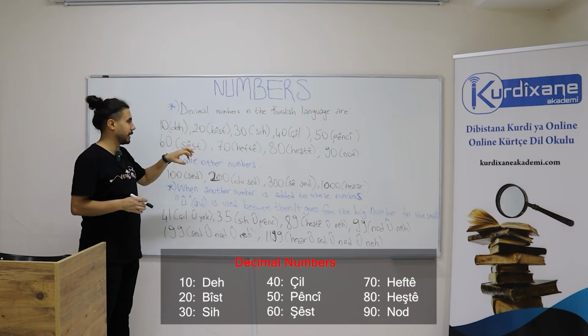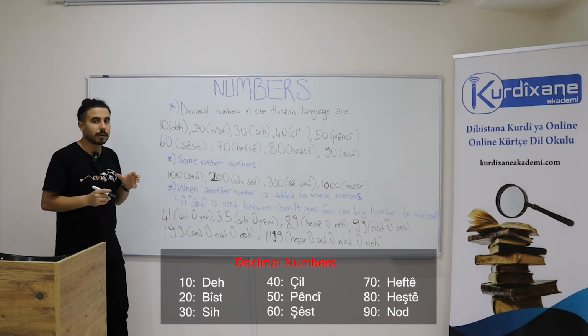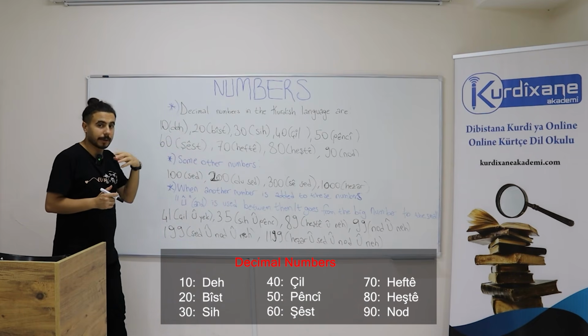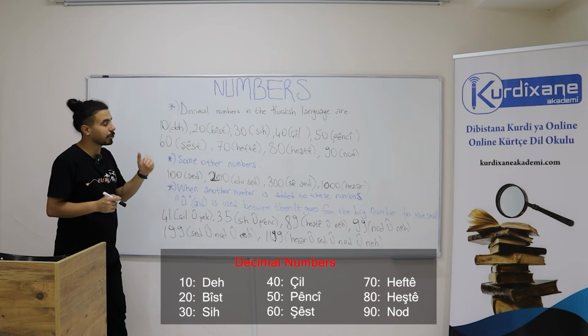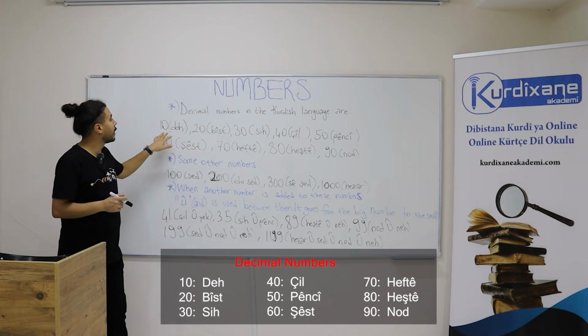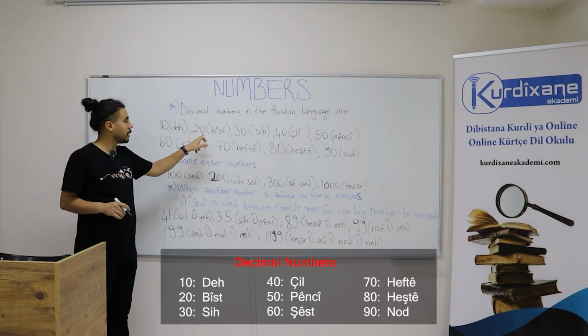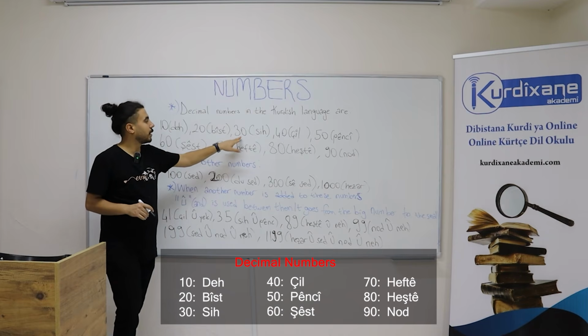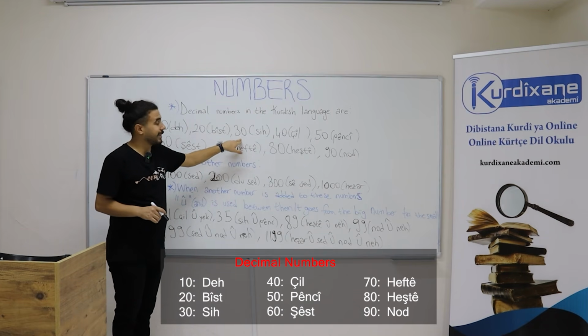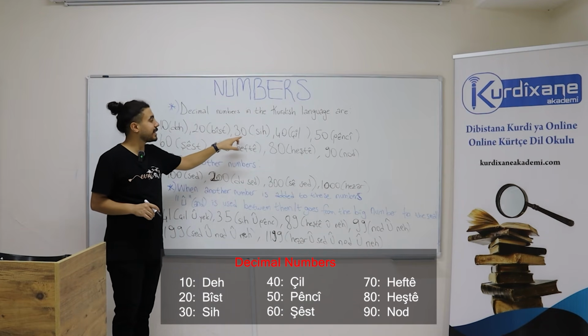Decimal numbers in the Kurdish language are like this. Try to pronounce as I pronounce, try to imitate my sound actually. Deh, as we've seen, deh. 20 is beast, beast. 30 is s.